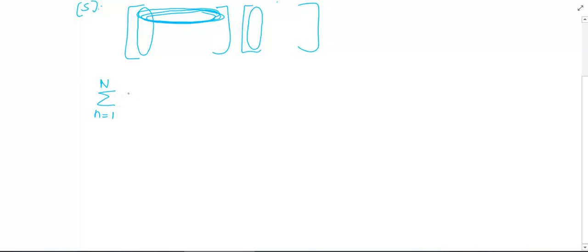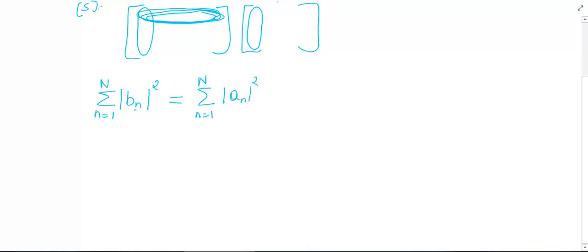Reflected power is given by the magnitude of Bn squared. Whenever we speak about power, we consider the magnitude squared, right? That we already saw in our last classes. So this will be equal to the summation over n of the magnitude of An squared, because it's the total power.